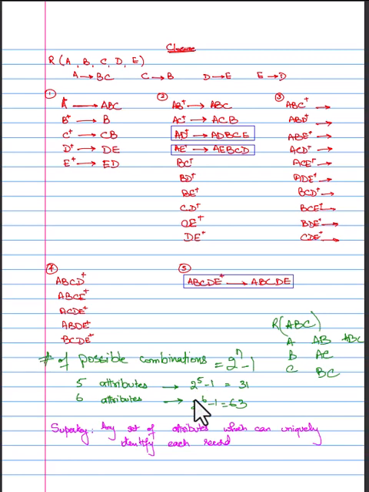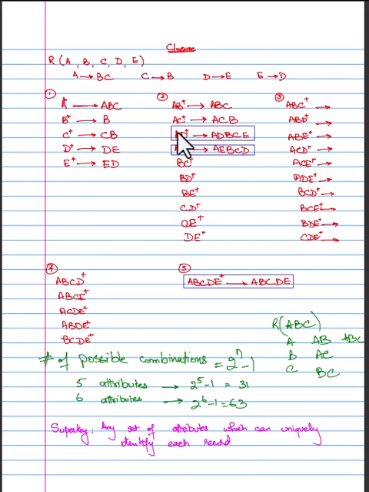A super key is any subset of attributes which can uniquely identify each record. We cannot say any set of minimum attributes, but we can say any set of attributes, there can be 2, 3, 4, which can uniquely identify each row, or we can say which can identify all the attributes of this relation.